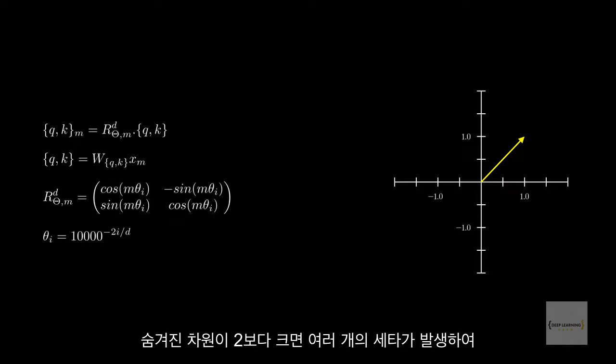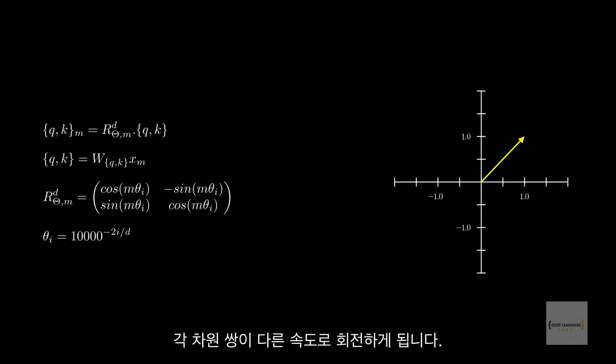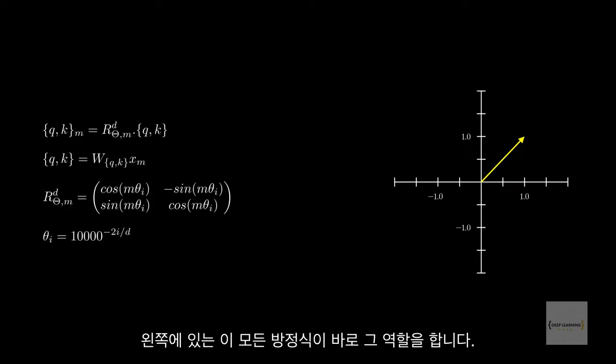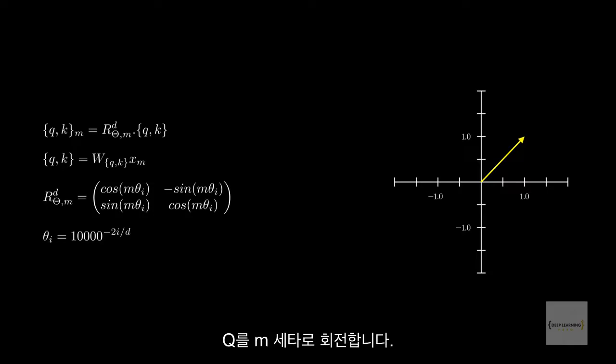If you had a hidden dimensionality greater than 2, you'd have several thetas, causing each pair of dimensions to rotate at different speeds. We'll chat about the d greater than 2 case later. That's what all these equations on the left do, rotating Q by m theta. The uppercase R denotes the standard rotation matrix.